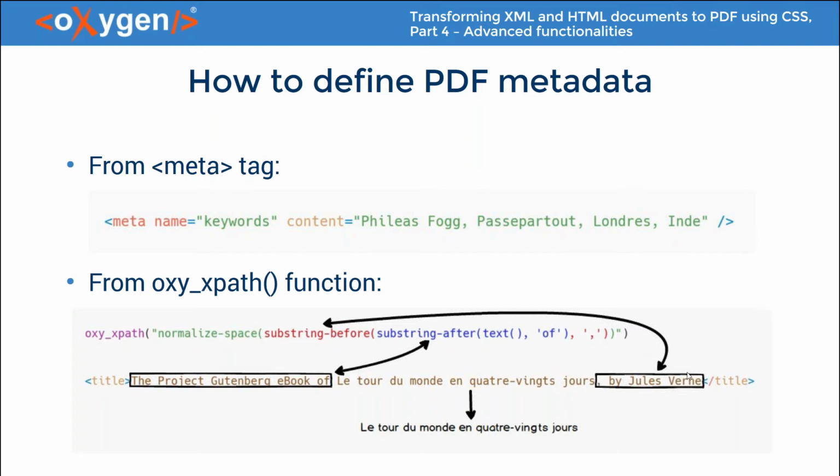So I will cut this part. And at the end, I usually recommend the usage of the normalize-space function, which simply will remove all the extra spaces that can exist in this node. And the output will simply be the title of my document.